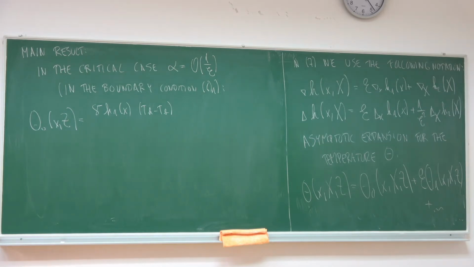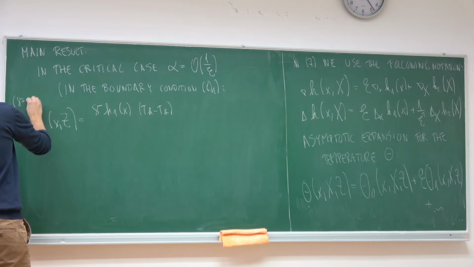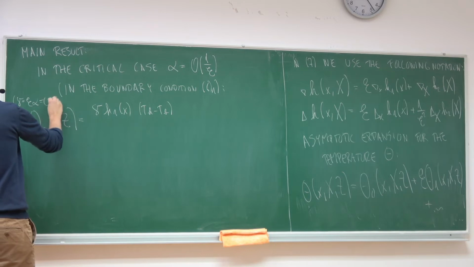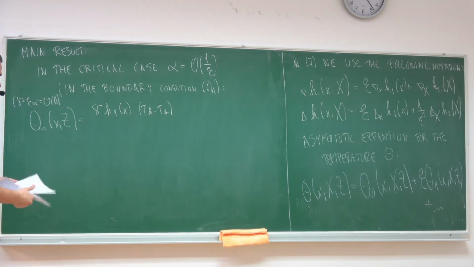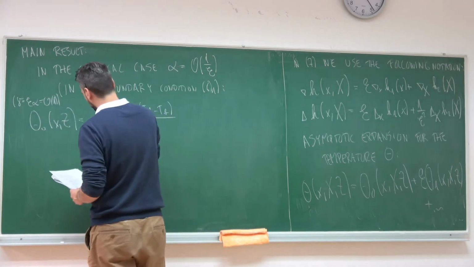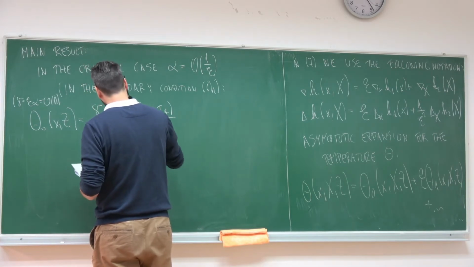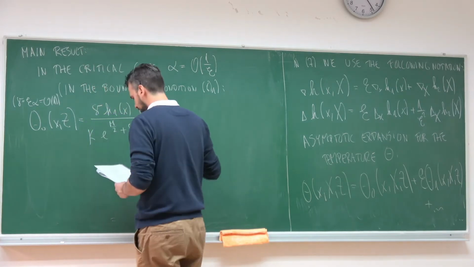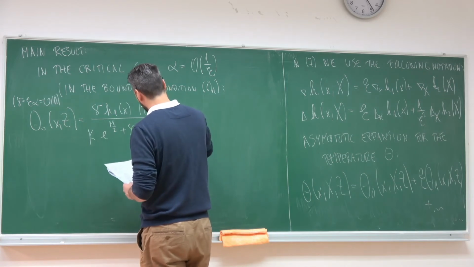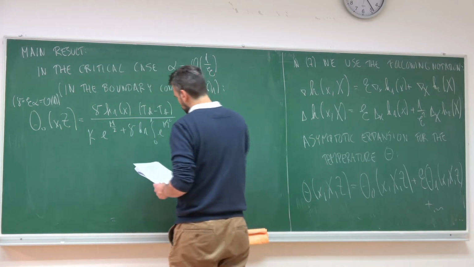Okay. So here we have gamma is epsilon alpha, which is of order 1. Okay. Down you have k e to the m over 2 plus gamma h1 of the integral from 0 to 1 of e to the m c squared over 2.